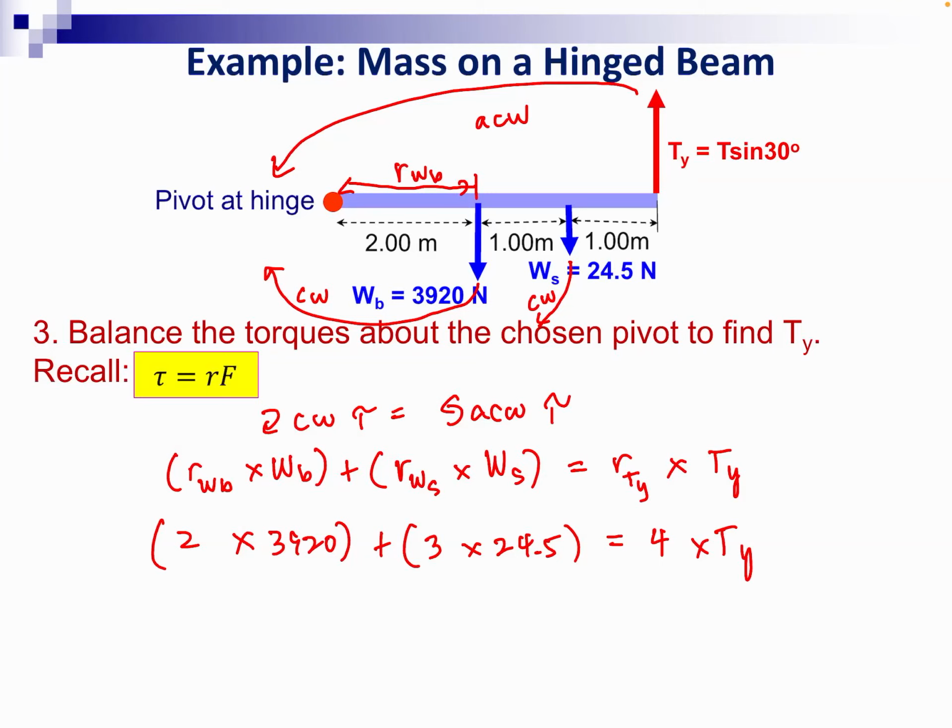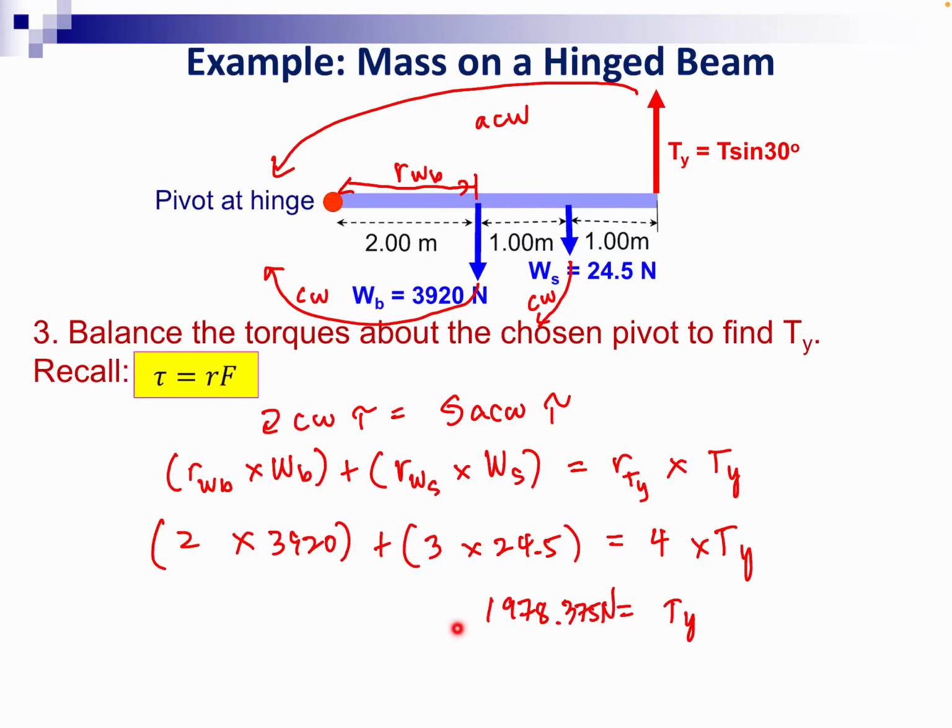Then we can solve for Ty. It will be 2 times 3,920 plus 3 times 24.5, divided by 4. You should get about 1978.375 newtons.